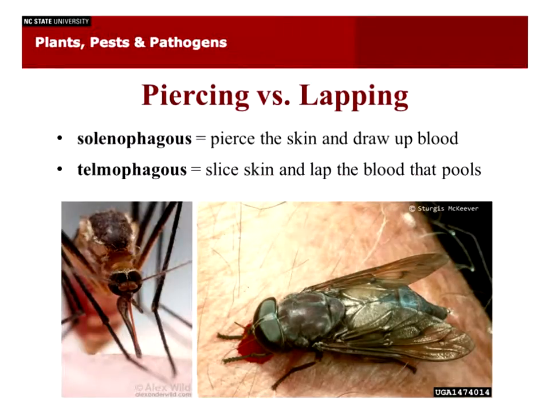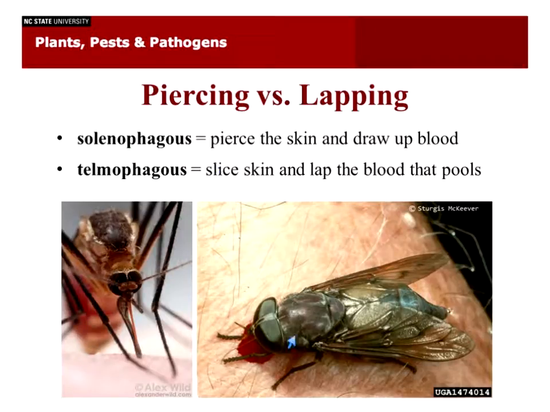Okay, so there's two different modes of blood sucking, and really actually sucking is just one kind. So there's a piercing versus lapping. There's a term called solenophagy or solenophagous versus telmophagous. Now solenophagous organisms pierce the skin and draw the blood up, kind of like a straw, and that's exemplified by mosquitoes piercing the skin and tapping into blood vessels.